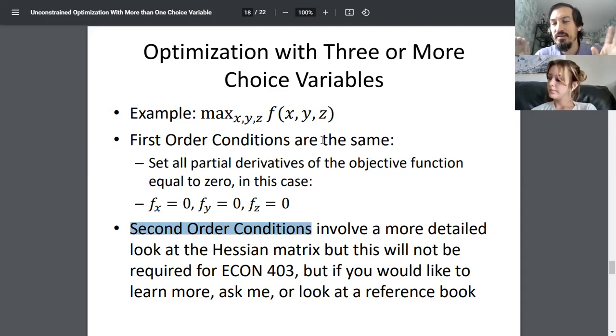You're still looking at the Hessian matrix, but you're looking at it in a more complicated way. And right now, I just don't think it's important. If I give you a problem with three variables, it'll be in such a way that you can tell that something is a max or a min, or I'll just tell you that it's a max or a min. You don't have to prove it to me using second order conditions.